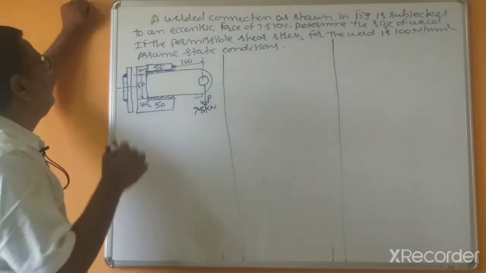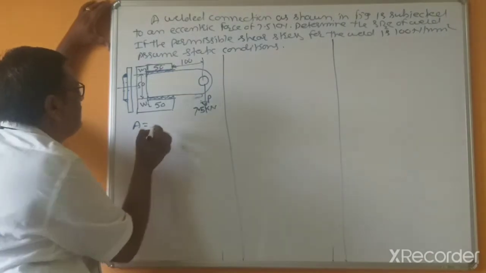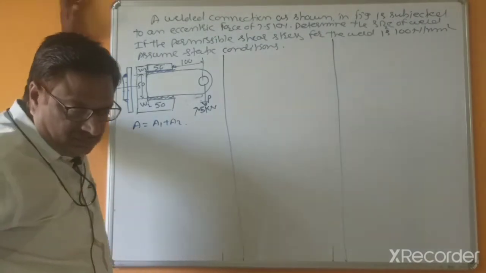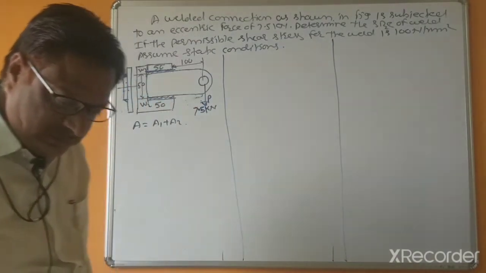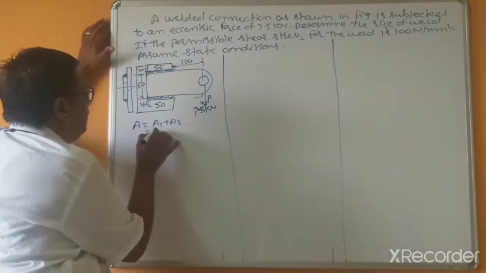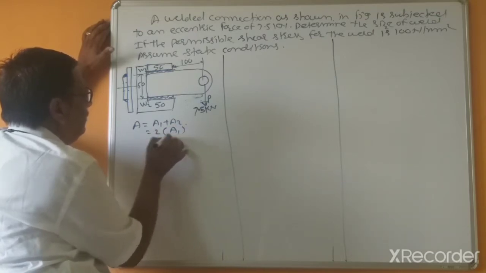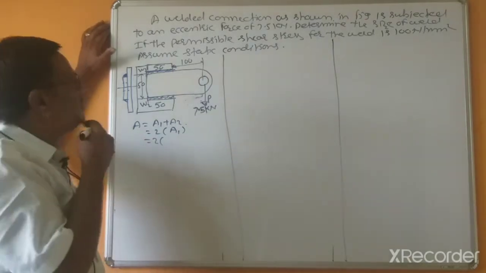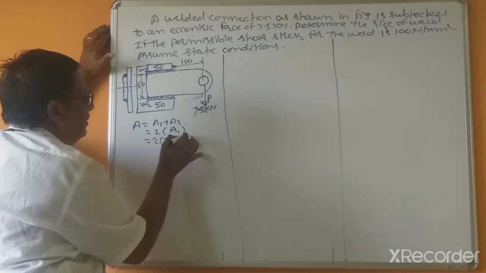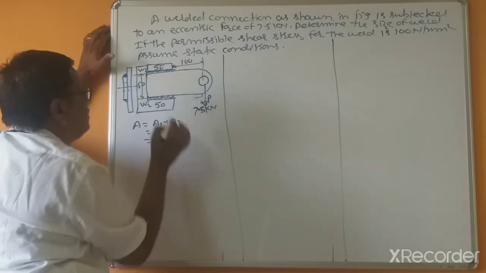So first, the area. A equal to the area of the two welds, A1 plus A2, total area. This is symmetrical, so A1 is T, the throat, multiplied by L1, which is 50.